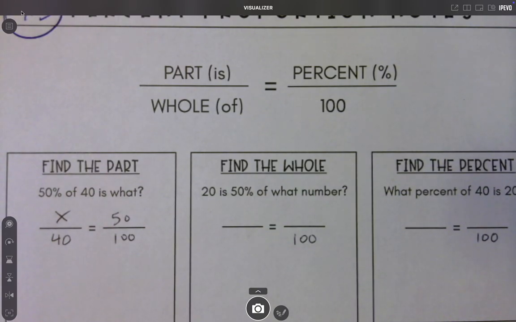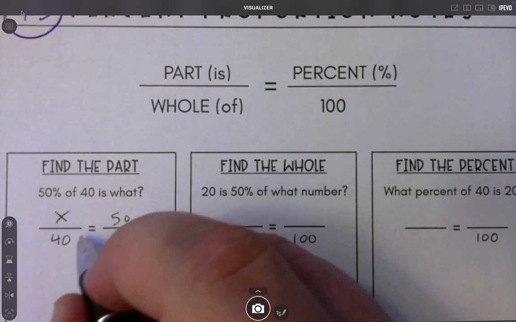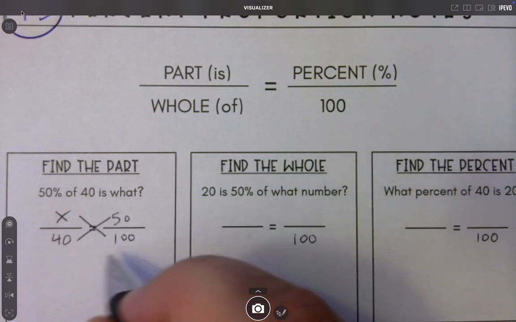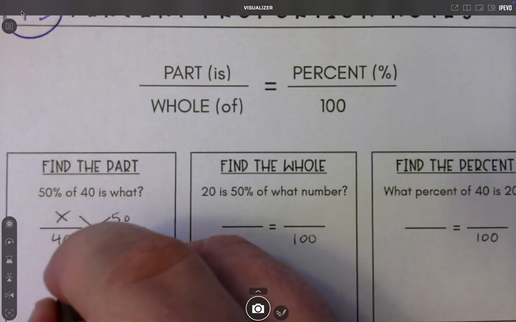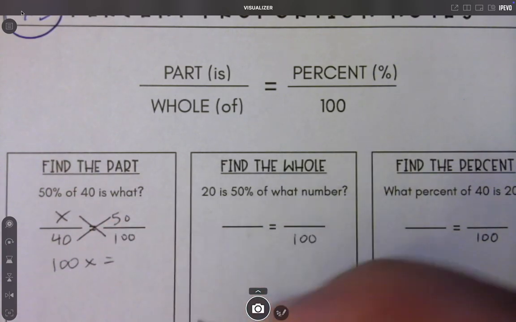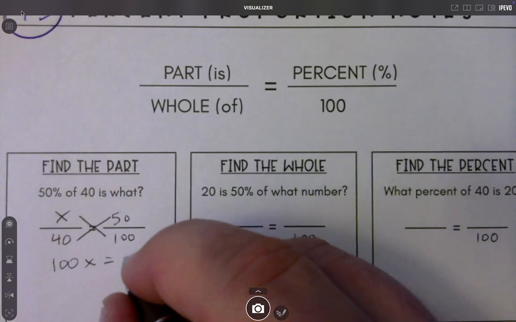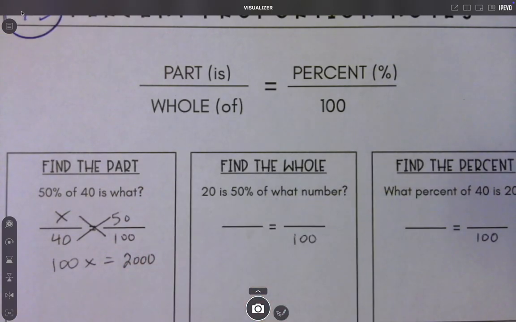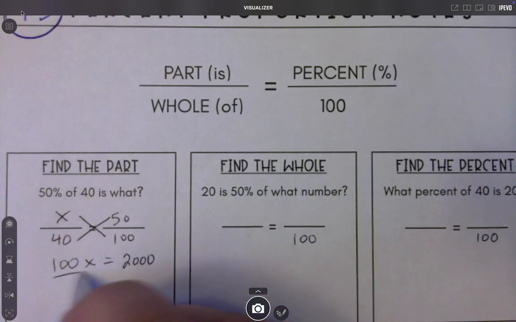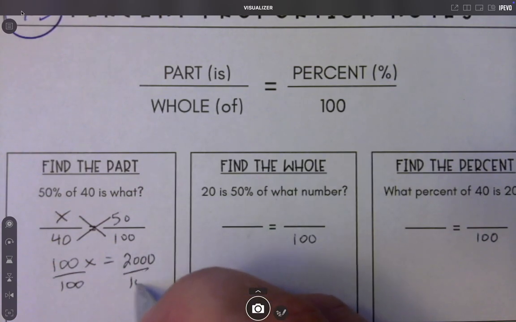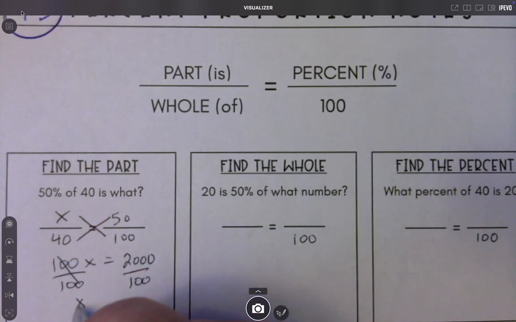And the way we solve this, I think we've done these before, we cross multiply. So 100 times X is 100X. 50 times 40 is 2,000. And then we divide both sides by 100. And we get 20.